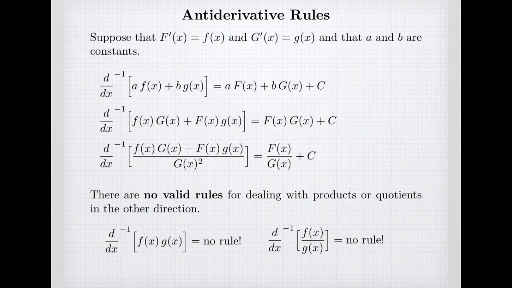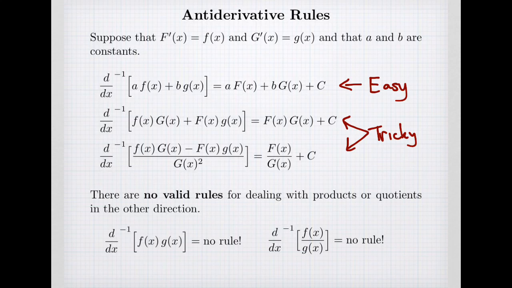So the only one that's really easy to use is the sum rule. Both products and quotients are incredibly tricky, so we usually don't see them very much.